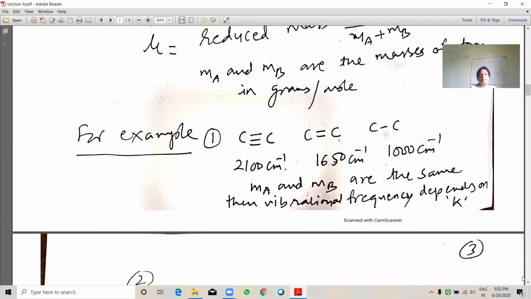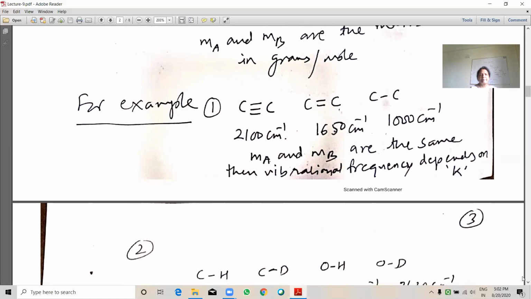For example, a carbon-carbon triple bond has a frequency at 2100 inverse centimeter, whereas a carbon-carbon double bond has a frequency at 1650 inverse centimeter, and a carbon-carbon single bond has 1000 inverse centimeter. Here Ma and Mb, both atoms, have equal mass, carbon in all 3.